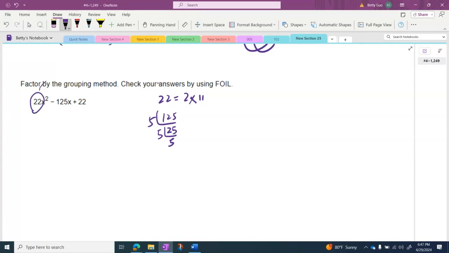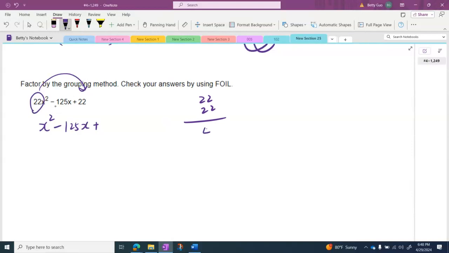The method I teach is the slide divide slide method, right? So let's do that. x squared minus 125x plus 22 times 22. Use your calculator to figure that out. This is 484. It's pretty big though. And then we have the shortcut method.